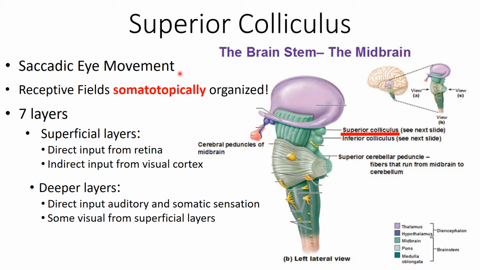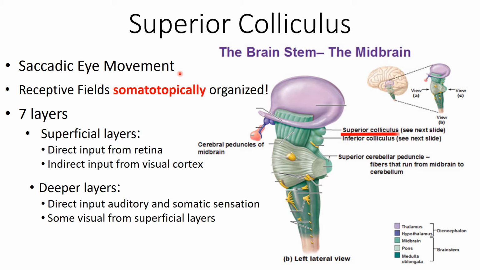And the superior colliculus has neurons that are particularly important for moving the eyes to specific locations. And the receptive fields are somatotopically organized. That is, where in the visual field the superior colliculus neurons respond is linked to where that location is relative to the body. So soma here being body, and topically being topology, so somatotopically organized.